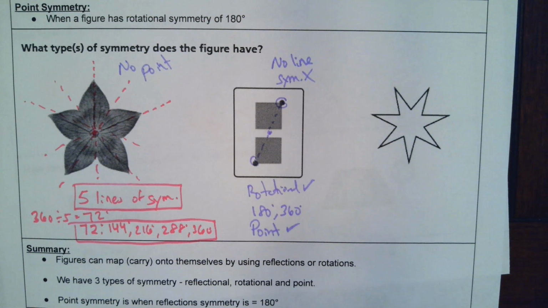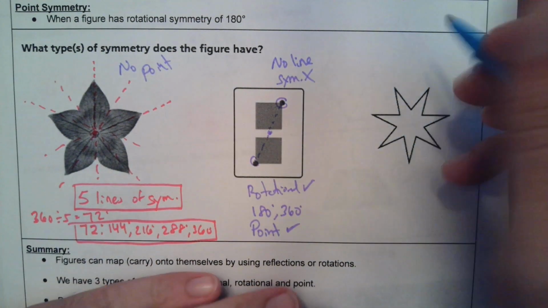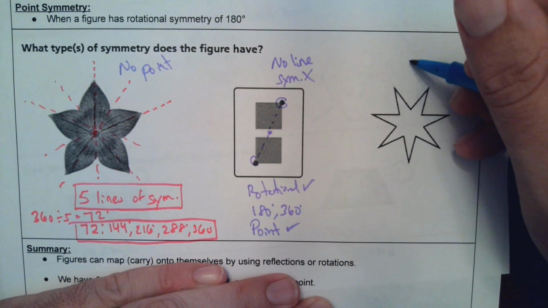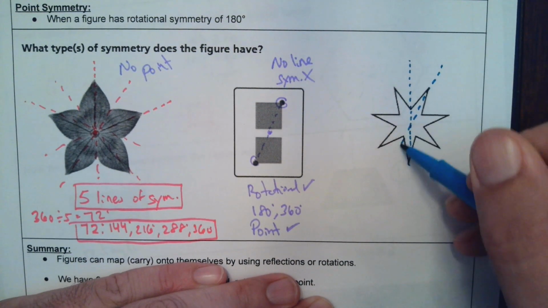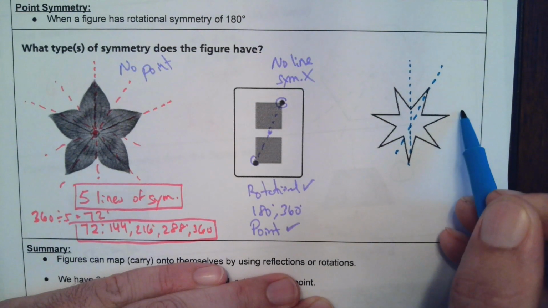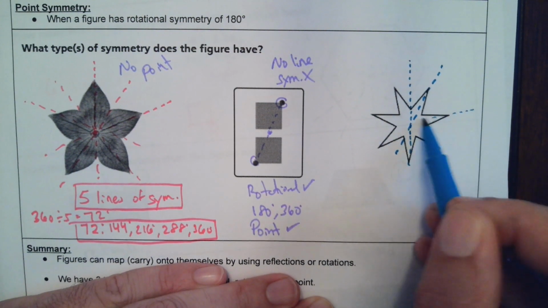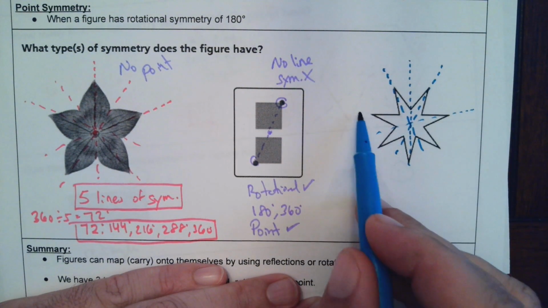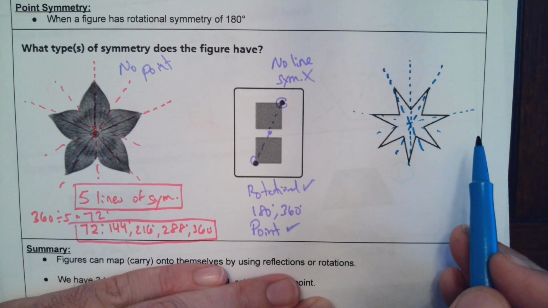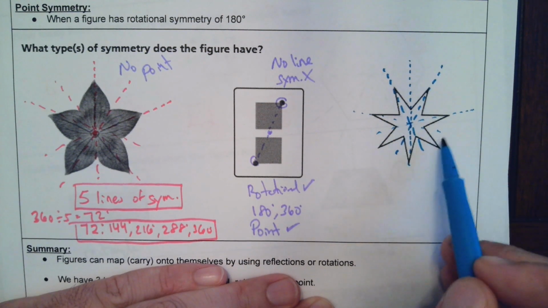All right, last one. So I think we can see that we're going to have line symmetry. So you got 1, you got 2, you got 3, you got 4, you got 5. How many? 1, 2, 3, 4, 5, 6.